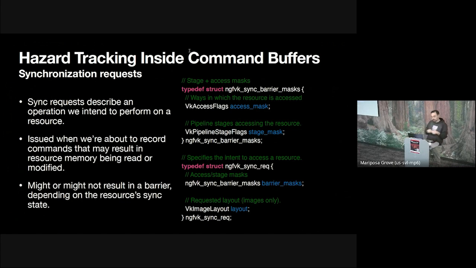And so synchronization requests are issued at any point in the code when we are about to record some commands that might result in a resource getting either read or modified. So for example, binding a vertex attribute buffer, binding an index buffer, kicking off a transfer operation, or binding a shader resource.